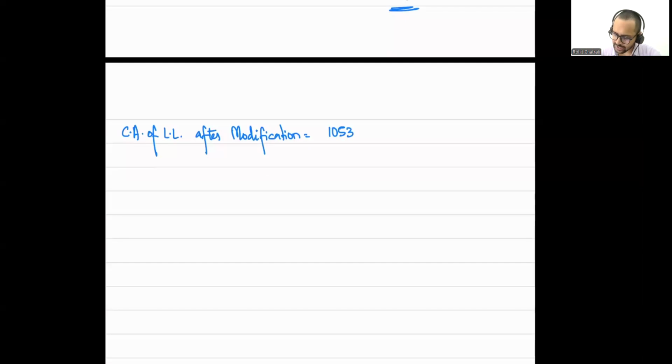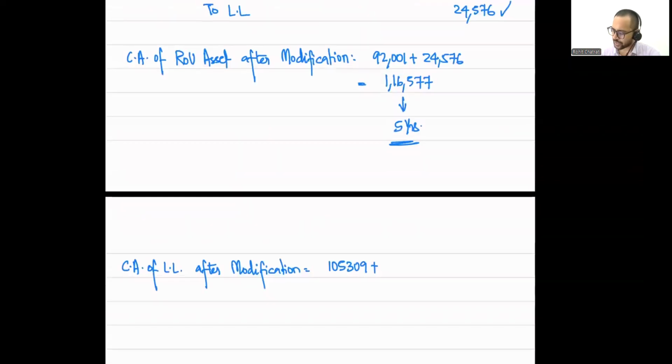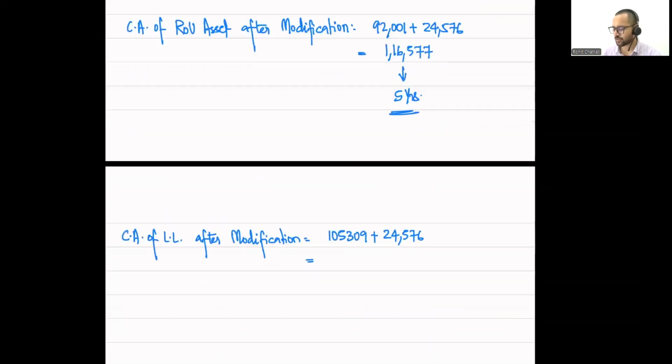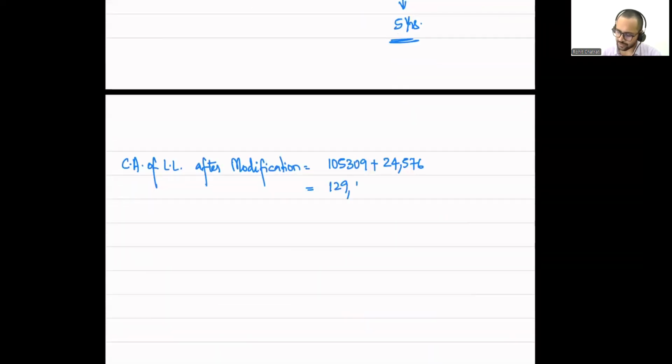I increase the lease liability also by 24,576. So when I increase it by 24,576, I will obviously end up with the revised lease liability amount of 129,885.